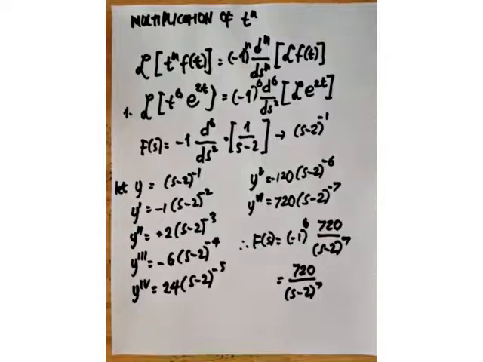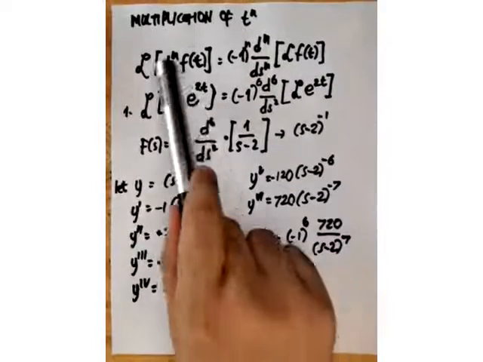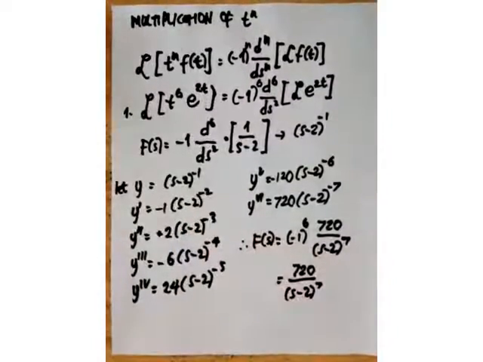So when you have a given with both t and e, you have a choice: either shifting or multiplication of t raised to n.